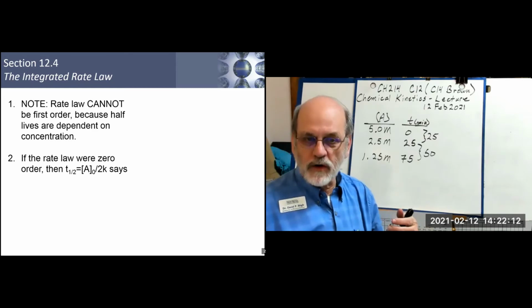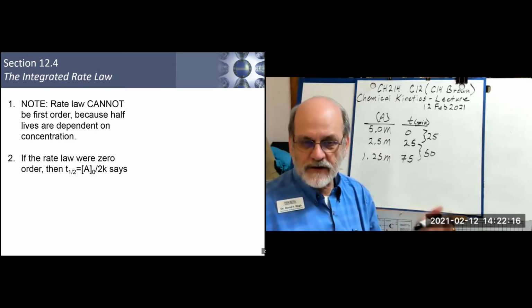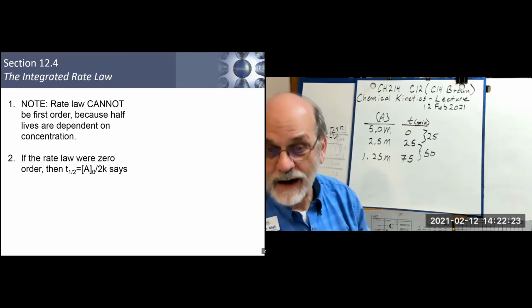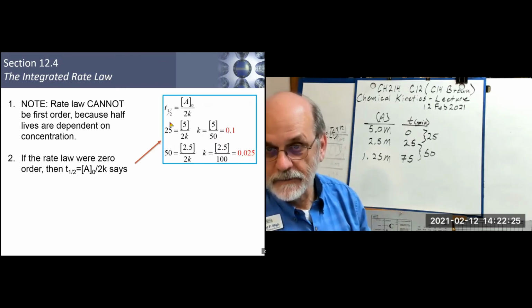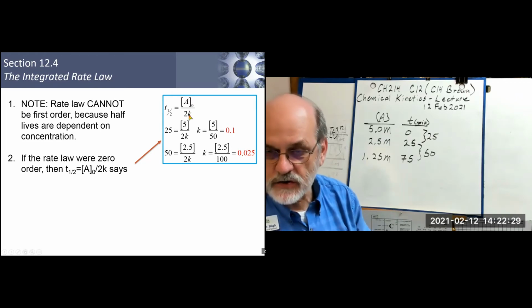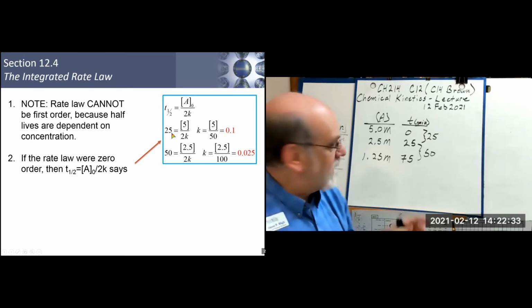If the rate law were 0 order, then the half-life would be concentration of A divided by 2K. Right? So if we do it that way and say initial concentration divided by 2K takes 25. Right?